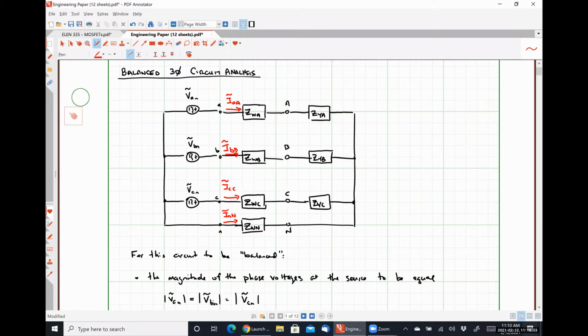One other thing that I am going to do is I'm going to specify a reference node for our analysis, just so things will be a little bit easier. And so I'm going to call the neutral on my source side my reference voltage of 0 volts, okay?